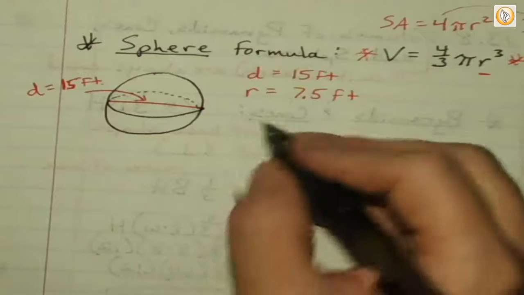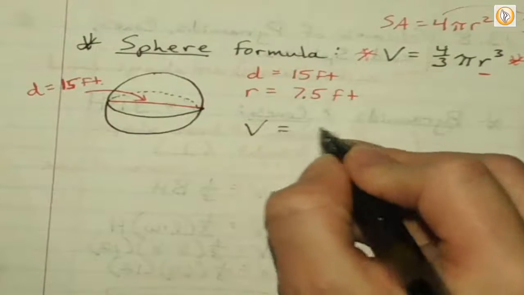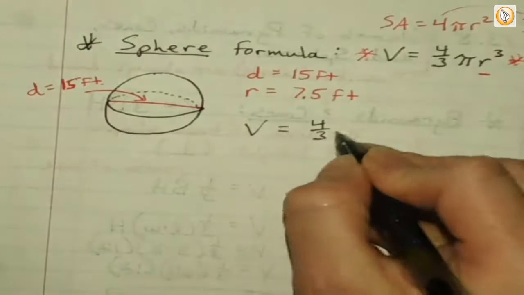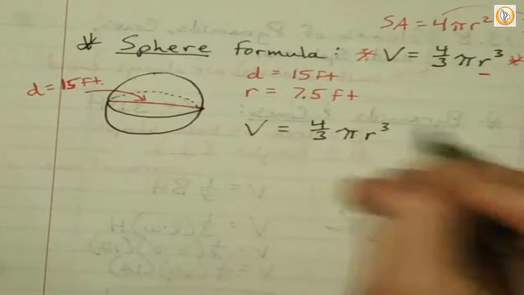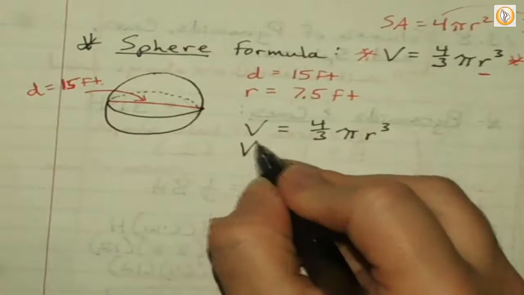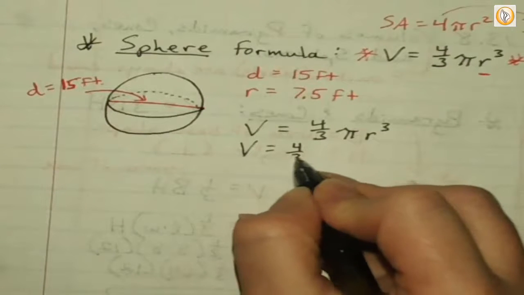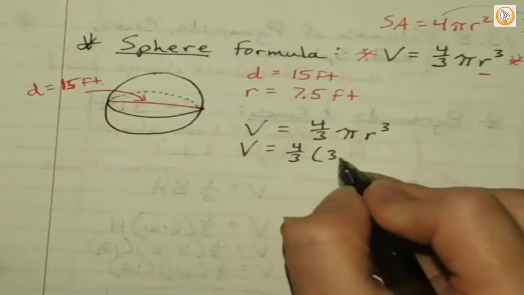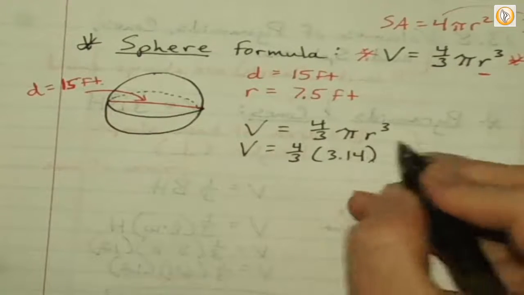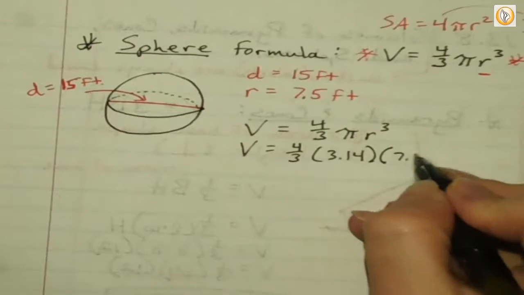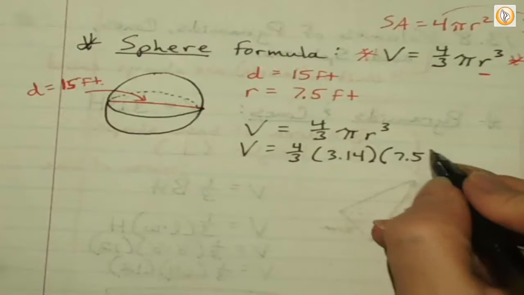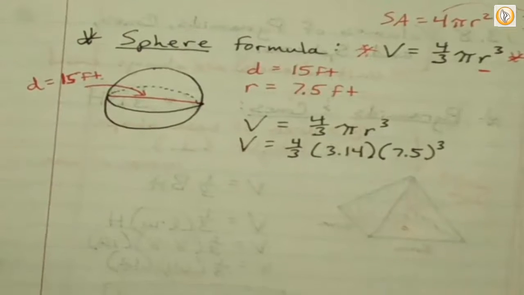Okay. So now we're going to do our formula, and we're going to plug in our information. I have 4 over 3 times 3.14 times 7.5 cubed.